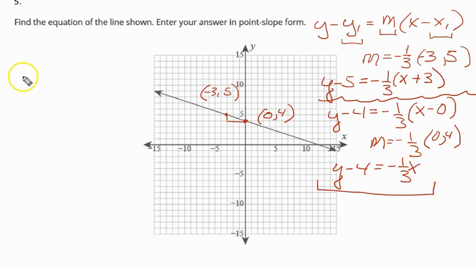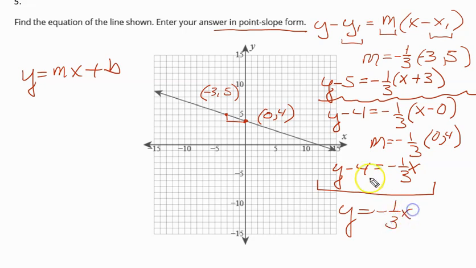Now, if you put it in slope-intercept form, again, that's not what they're asking. They're asking for it in point-slope form. So be careful. Here, this would easily convert to slope-intercept. Let's just do so. Y equals a negative 1/3 x.